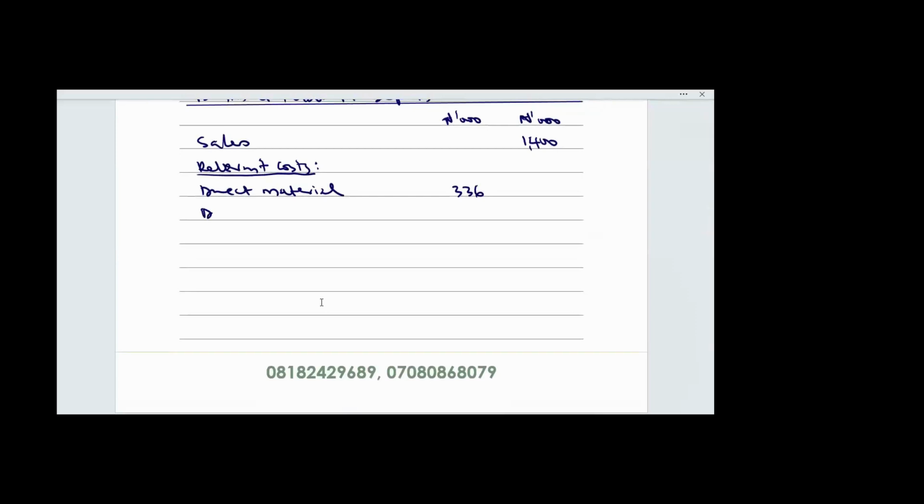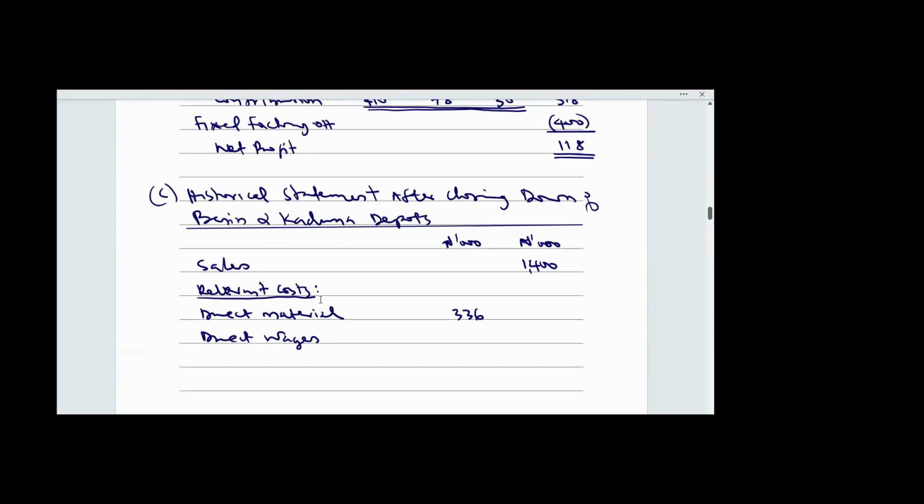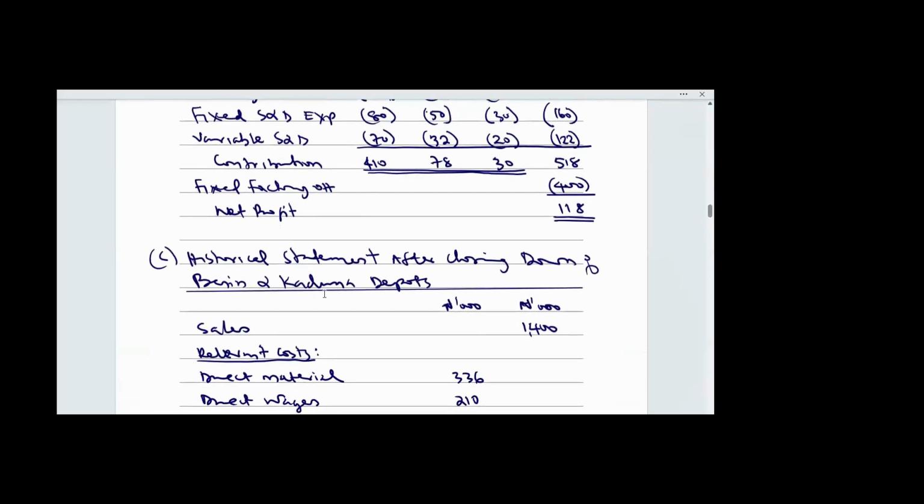Direct wages for Lagos is, is it 294? No, 210. Then we have factory variable overhead for Lagos at 294.